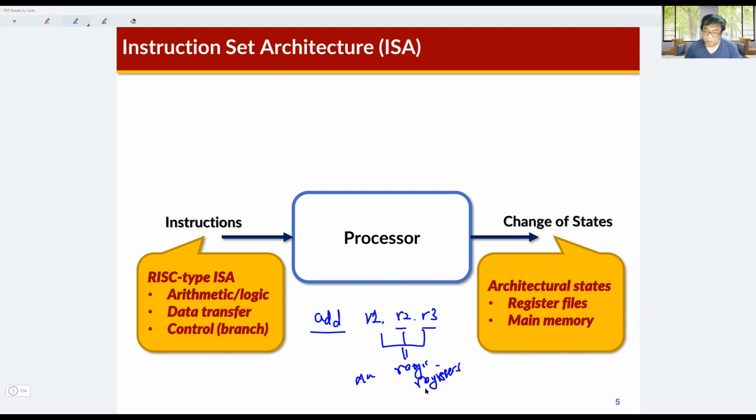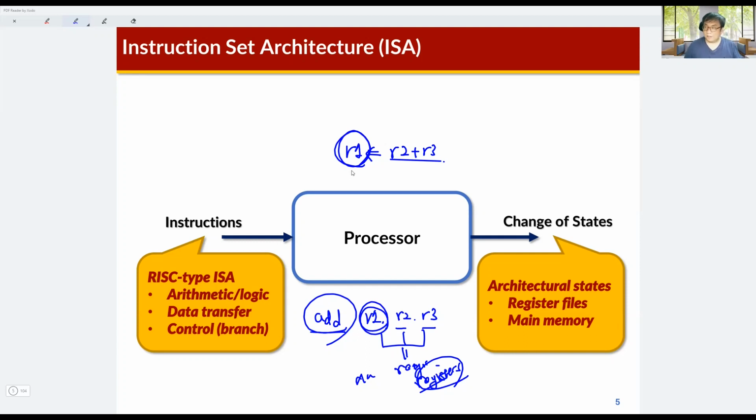Based on this instruction, the data in R1 is changed. How? R1 is R2 plus R3. So the data is changed and stored in the register. That means the data in the memory components is changed.